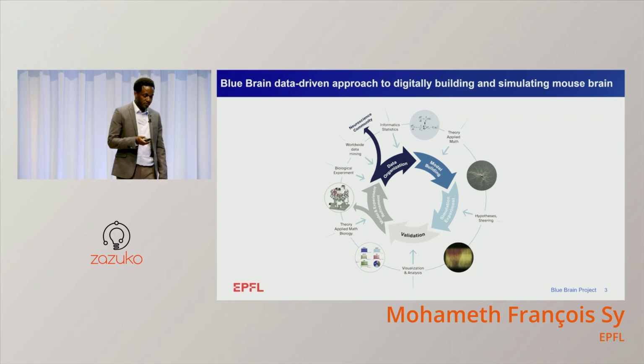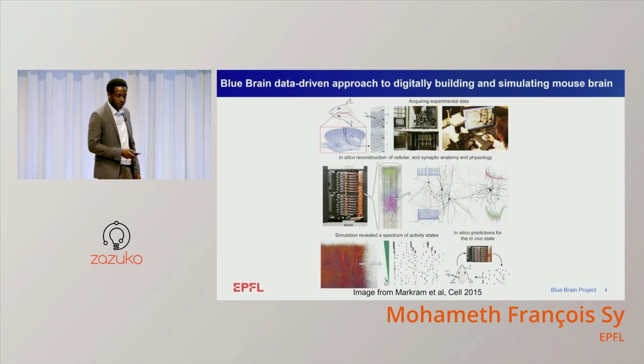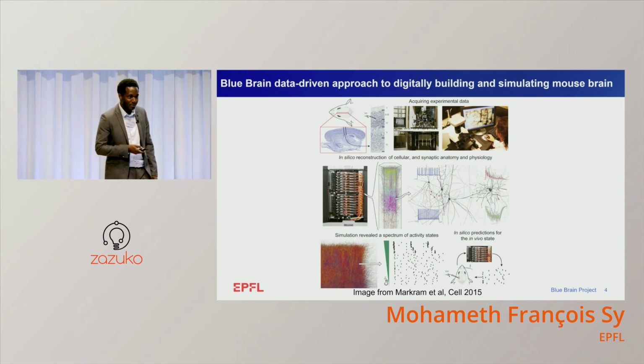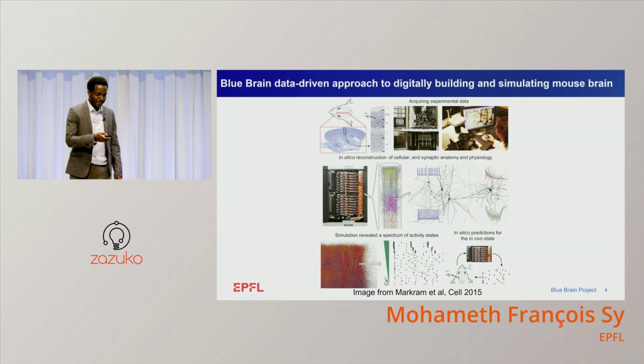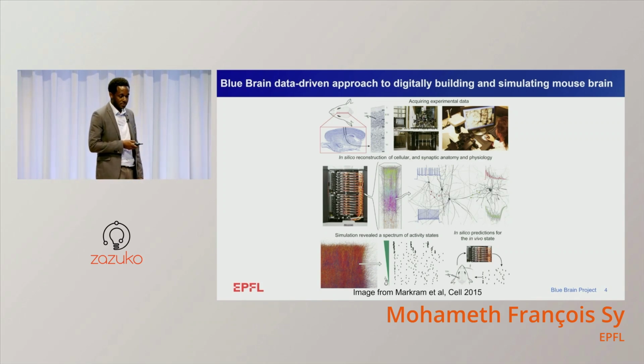This is quite an iterative process, and not just for neuroscience, but for many data science and data-driven projects out there. I'm not a neuroscientist, so I picked one of the neuroscience papers and got this picture that explains the process a little bit.